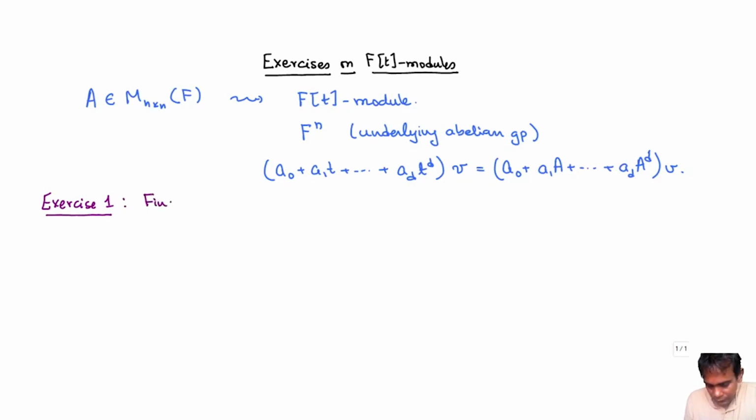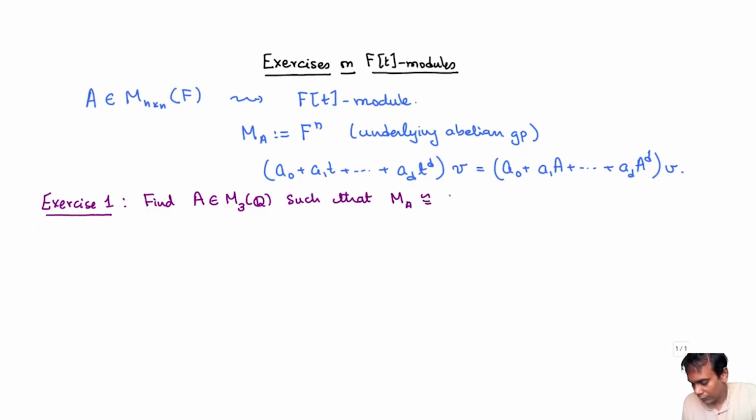Find a matrix A. In this case it will be a 3 by 3 matrix over Q such that the associated A-module, let's call this M subscript A, is isomorphic to F[t] mod t cubed minus 2t squared plus t minus 3.